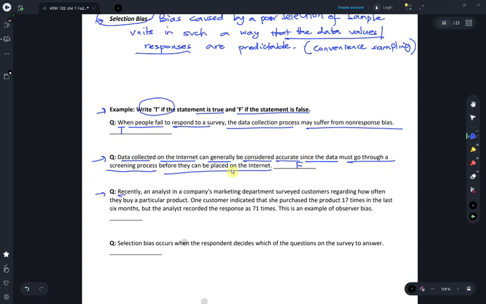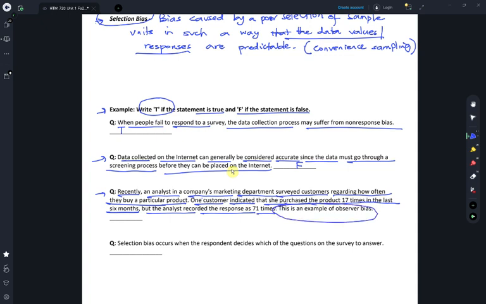Next, recently, an analyst in a company's marketing department surveyed customers regarding how often they buy a particular product. One customer indicated that she purchased the product 17 times in the last 6 months, but the analyst recorded the response as 71 times. This is an example of observer bias.